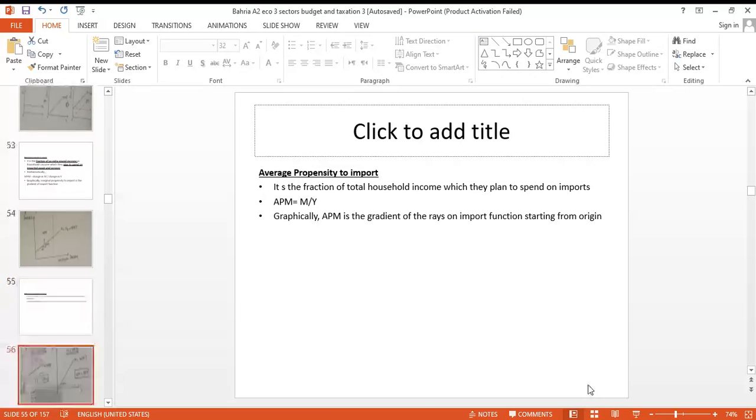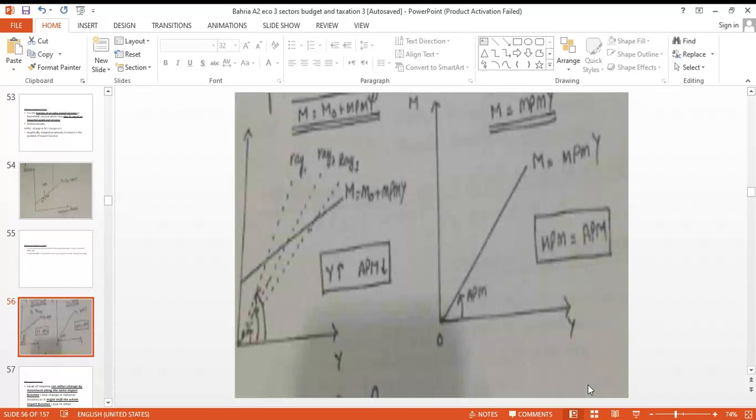It's quite simple. Doing it graphically, what you do is take out rays from the origin. The first ray, ray 1, rises and cuts the import function at a certain point. Then the second ray also rises and cuts at another point, and the third also rises.